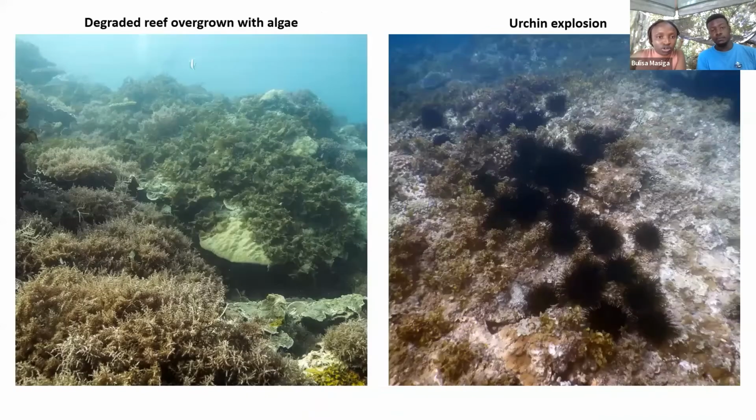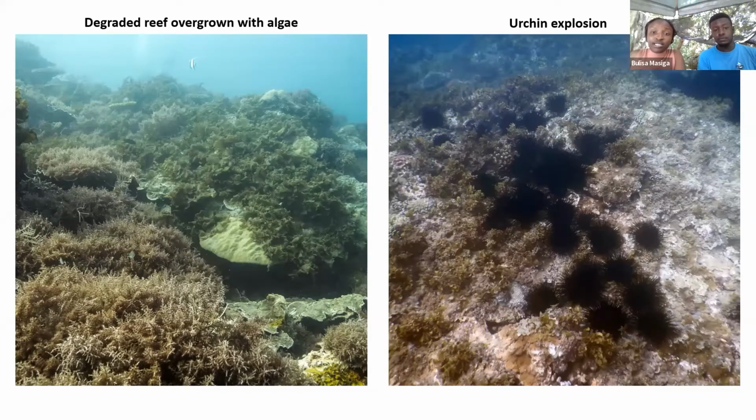So I'll show you an example of what happens when we remove the carnivore fish. When you talk about carnivore fish, we talk about the triggerfish. The triggerfish feed on the urchins. So when we remove them from the ecosystem, we have an urchin explosion, and the urchins feed very, very fast on an area, like we can see here. So this is what happens when there's less balance of fish in the ecosystem.